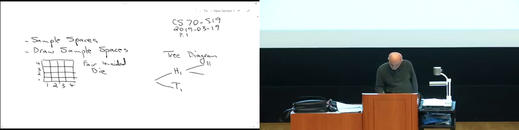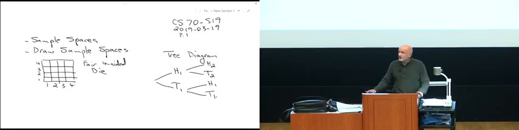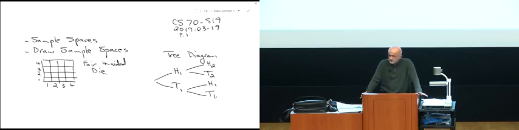I represent the outcome of each toss with an index, and whether it's heads or tails, I represent with H or T. So the result of the first toss is either a head, I represent that with H1, or a tail with T1, and then once I have the outcome of the first flip, I toss the coin again, and I have outcomes H2 and T2.